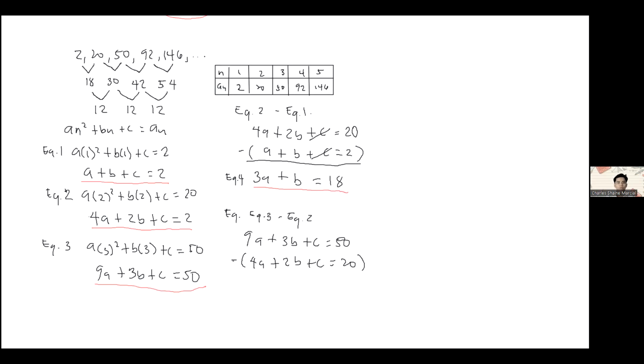Yan. 9a minus 4a is equal to 5a. 3b minus 2b is equal to b. Then cancel si c. 50 minus 20 is equal to 30. So ito na yung equation 5 natin.